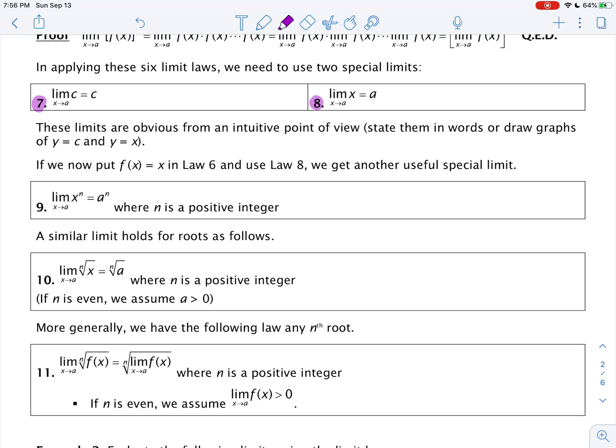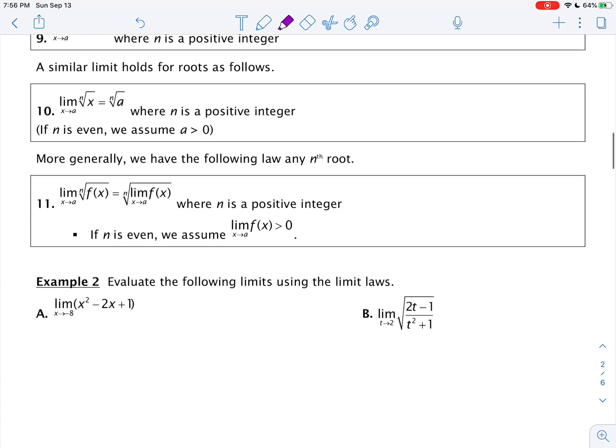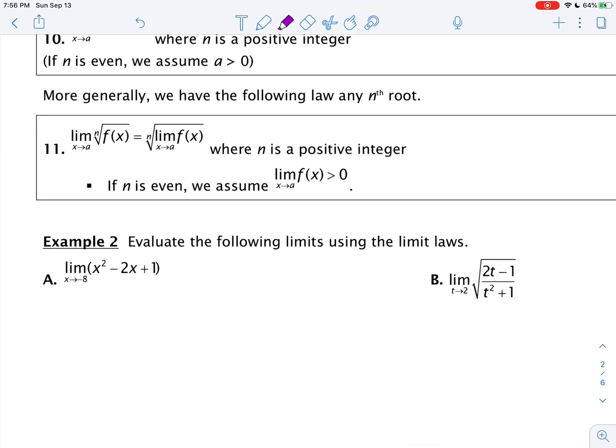And similarly, if we've got a radical, we can put our limit inside the radical. So the limit of the nth root of x as x approaches a is going to be the nth root of a. Okay. So let's practice with some of these using all of those limit laws.